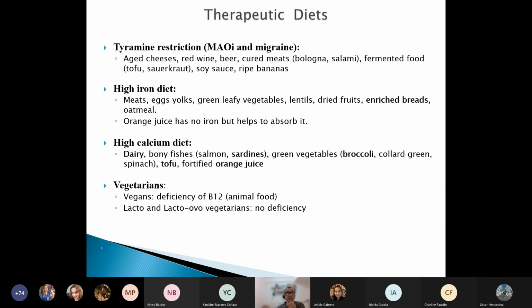Don't forget that milk and dairy impair the absorption of iron. So drinking too much milk with the food that contains iron will hinder the absorption of iron. And this is what happens in toddlers. Toddlers are children less than 3 years, no?